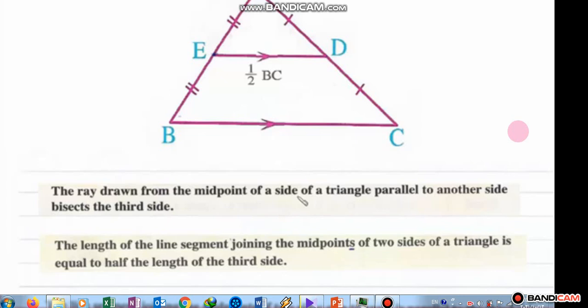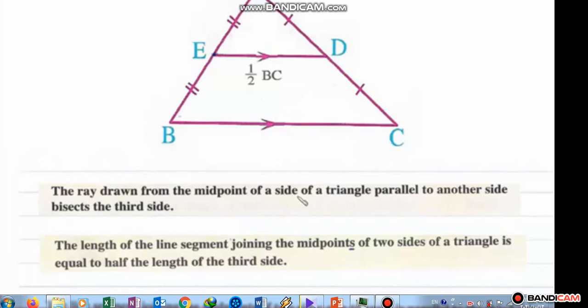And there is a corollary that says the line segment joining the midpoints of two sides of a triangle is parallel to the third side. So E is the midpoint of AB, and D is the midpoint of AC. So ED is parallel to BC. Okay?